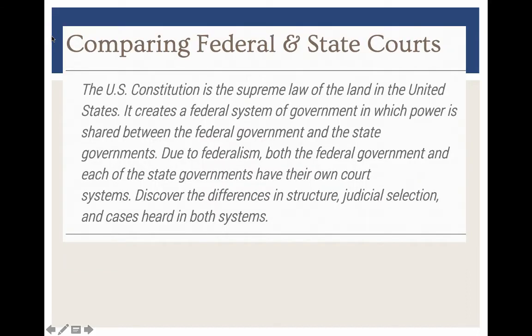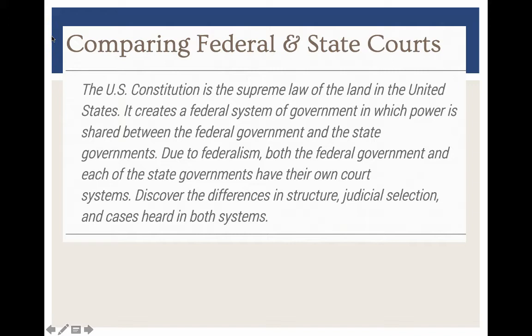All right, so when we compare federal and state courts, the U.S. Constitution is the supreme law of the land in the United States. It creates a federal system of government in which power is shared between the federal government and the state governments. So due to federalism, both the federal government and each of the state governments have their own court systems.